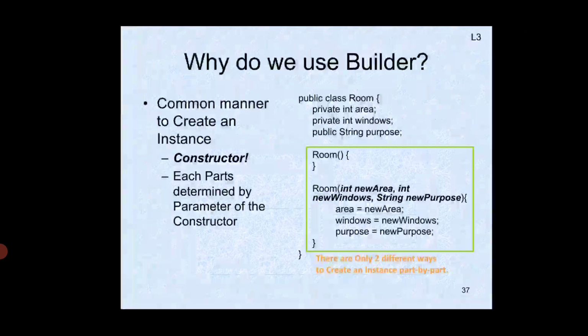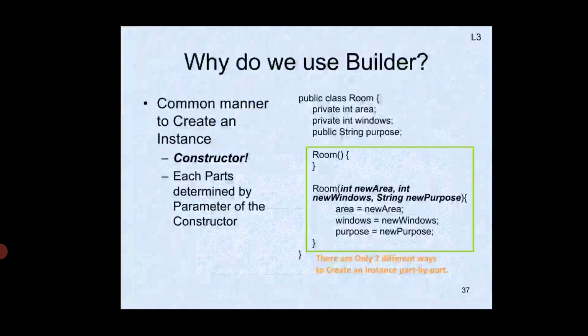in the common manner, we create an instance with a constructor. In the sense, each part we determine by a parameter of the constructor. Here we have to look at this sample code. There are only two different ways we create an instance part by part.